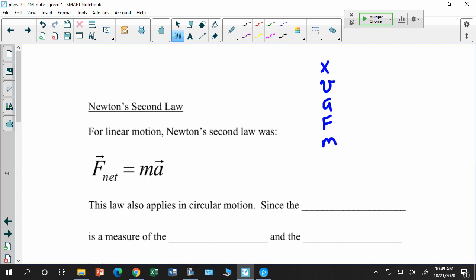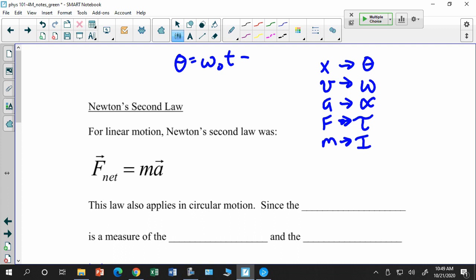We've been changing them to theta, omega, alpha, torque. It's not equal to torque, but it's analogous to torque, and then moment of inertia. And so we've already seen some equations that have been different. Like, for example, we had our kinematics equations, theta equals omega naught t plus 1/2 alpha t squared. Right? That looks a lot like our x equals vt plus 1/2 at squared.